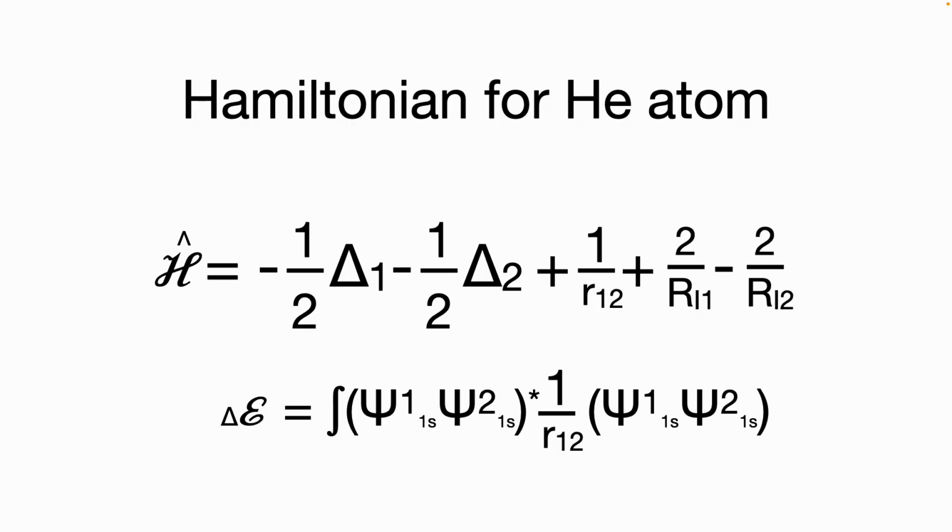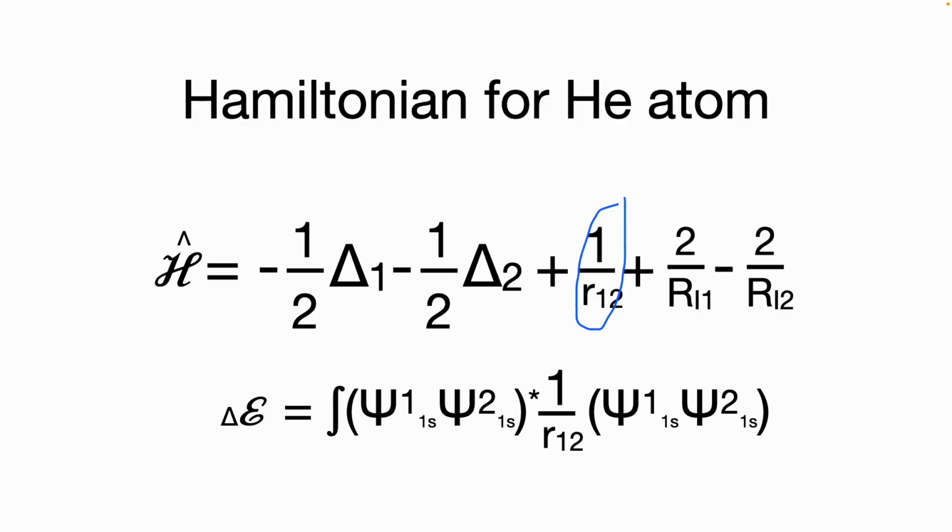Now, for that, what we do is a similar trick that we have seen in the previous lectures. So, when we don't have the 1 by R12 term, what we can do is to separate the variables.